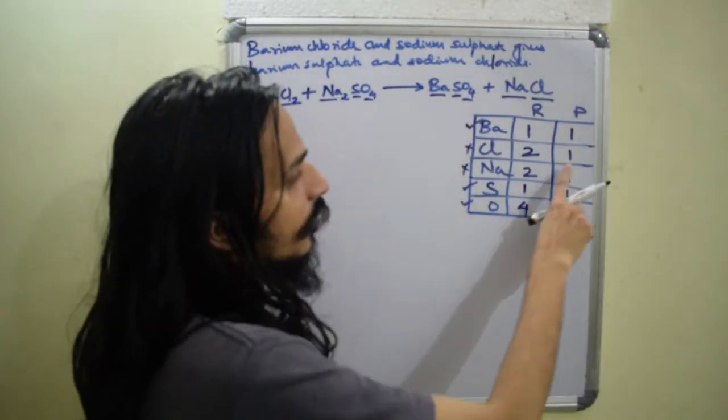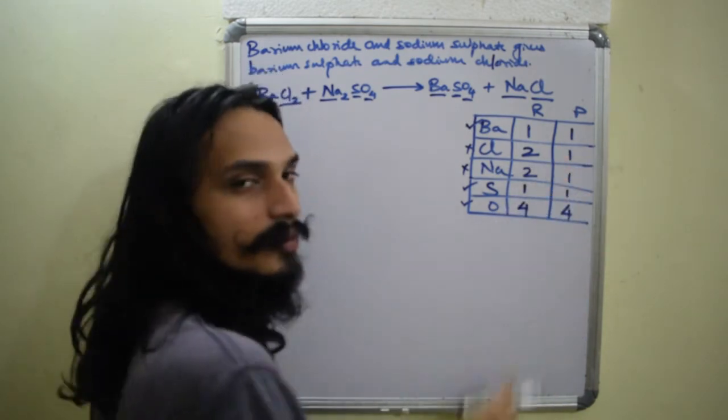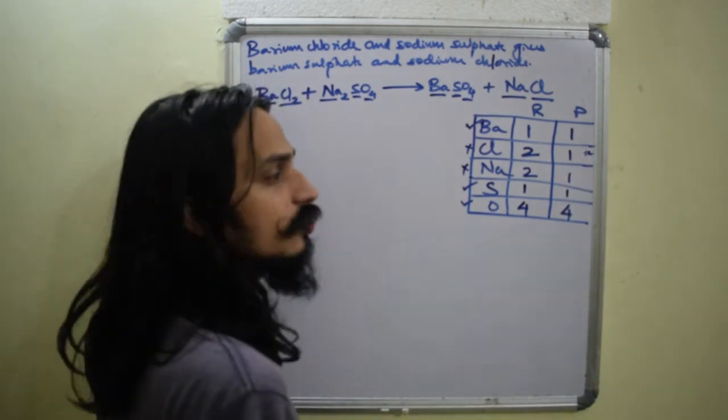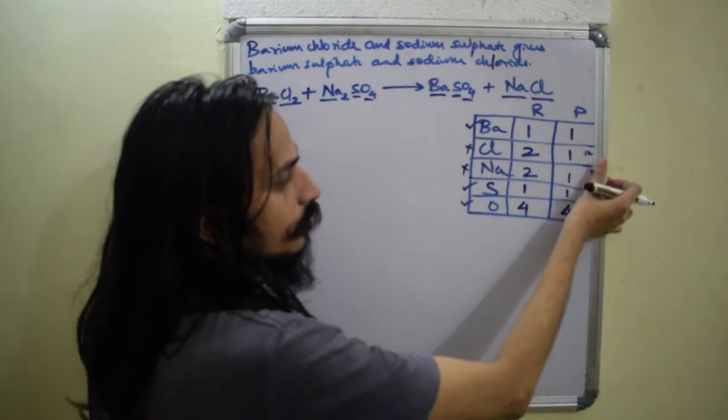For example, if I multiply 1 with 2, it will become 2, right? Because 1 into 2 is nothing but 2. Same way, 1 into 2 is nothing but 2.